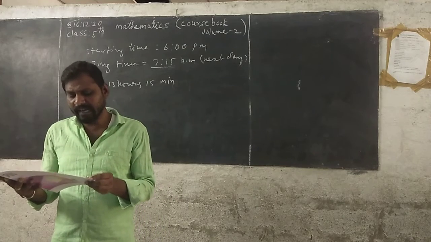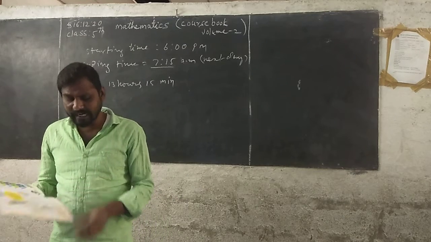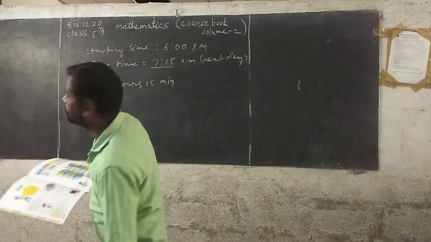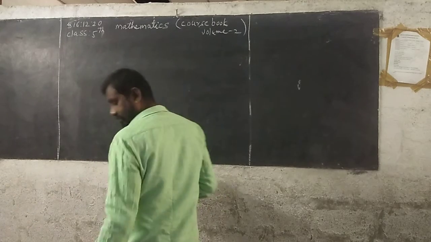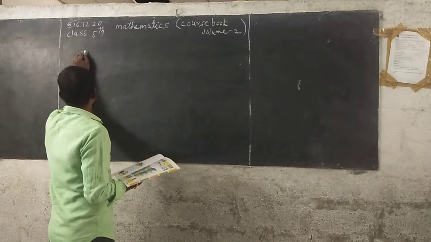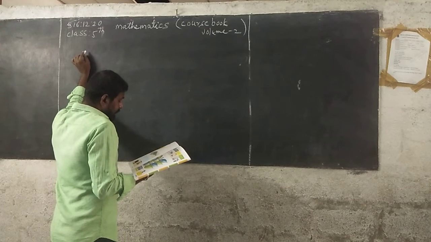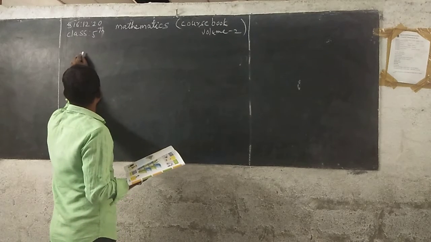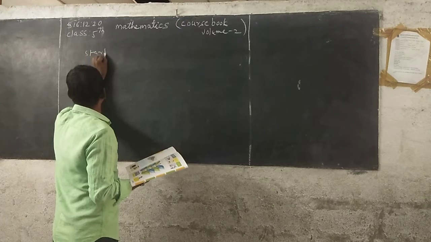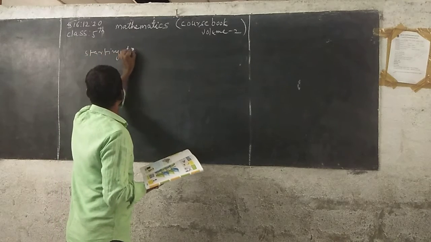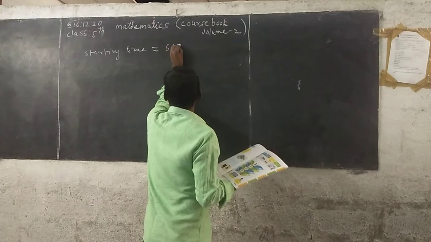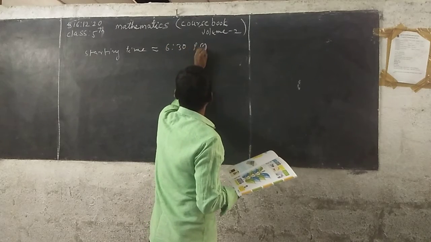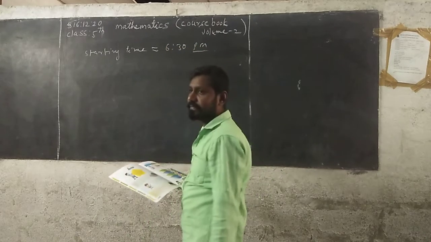See here, if he started playing at 6:30 p.m., what is the starting time? See here, he plays. If he started playing at 6:30 p.m., that means the starting time is 6:30 p.m. PM means in the evening.